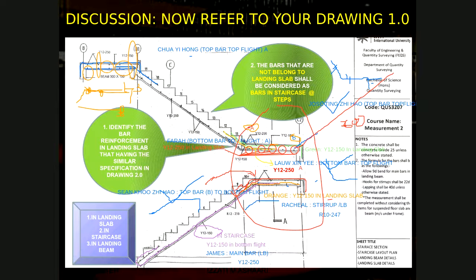Right, so when you write the answer, you can group all of these inside the sidecast and you total up later. You have to finish all the measurement for the landing slab first, then only you move to the rest. Either you want to finish Y12 250 first, or whether you want to finish Y12 150, but normally, when we calculate, we finish according to the shape.